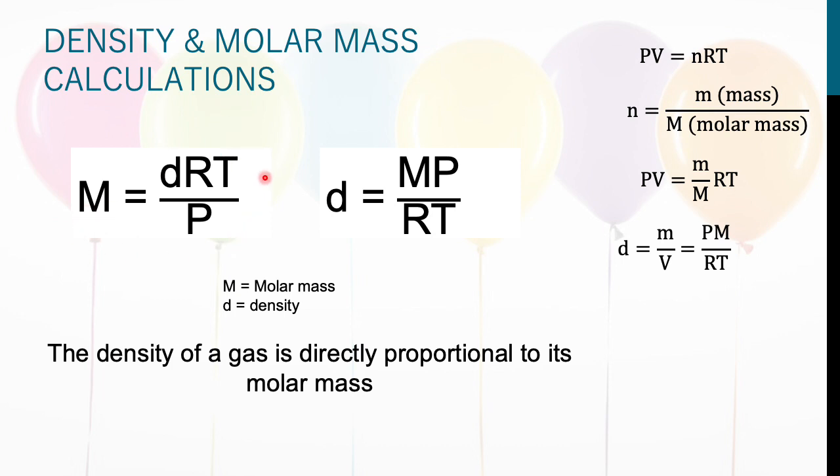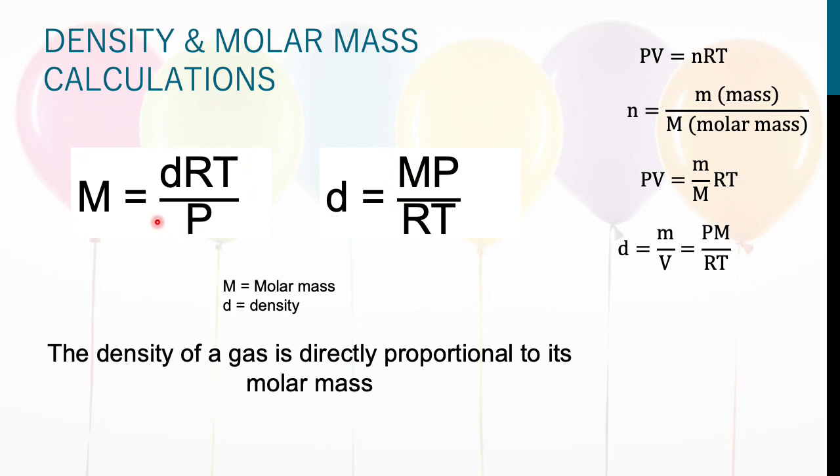Or you can rearrange this equation, you will get density equal to molar mass multiply with pressure, divide with R, the gas constant, and T the temperature. So from here, you can see that the density of a gas is directly proportional to the molar mass. So when density increases, molar mass also increases.